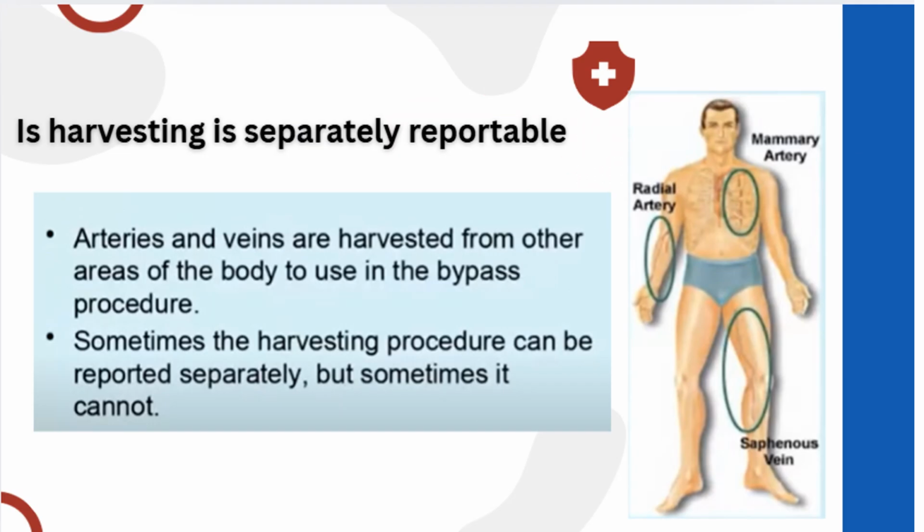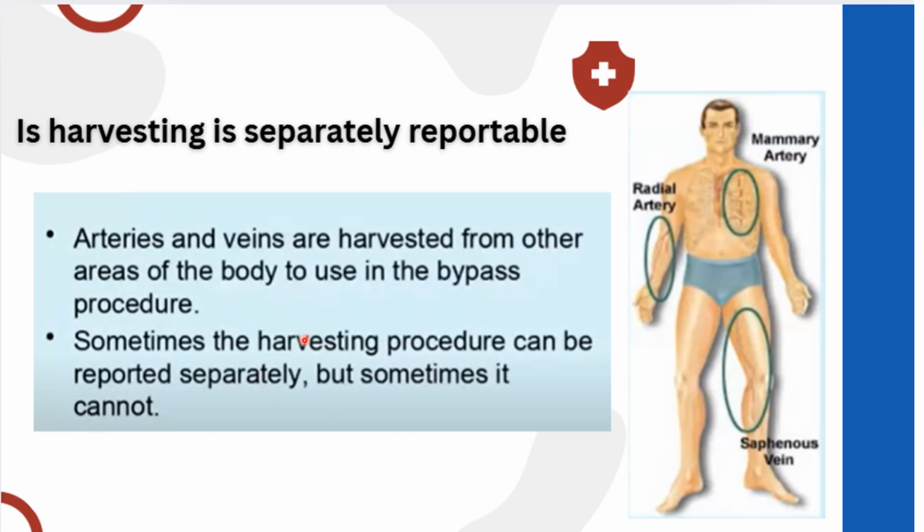Now, next we talk about harvesting. What is harvesting and is harvesting separately reportable? The arteries and veins are harvested or taken from other areas of the body to use in the bypass procedure. Because bypass is I am creating another road. How will I create another road?